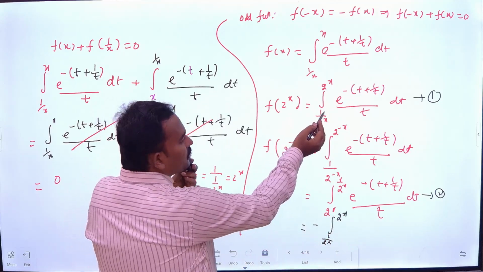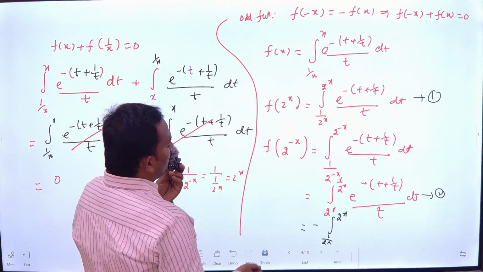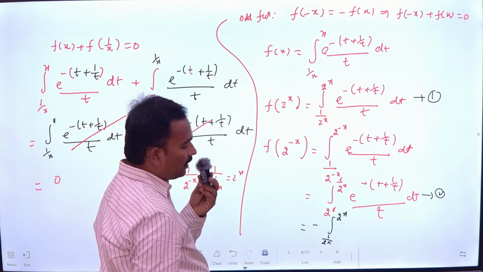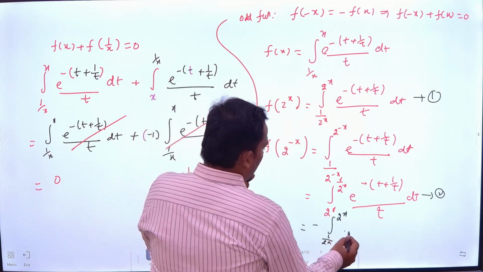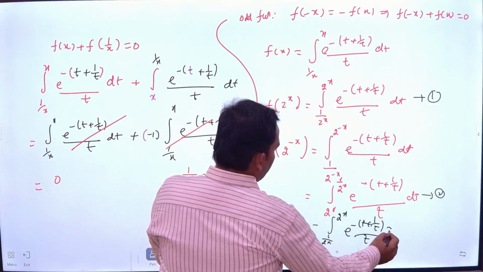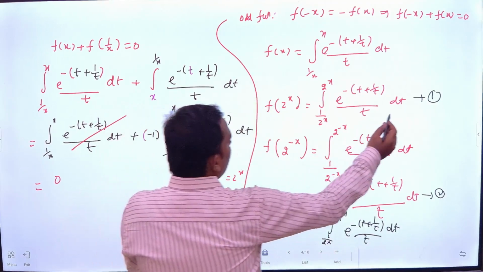You can observe the first equation. I'm interchanging the limits of the second one, so you can put minus in front, right? So e power minus t plus 1 by t into dt, right? Okay. This is your first.